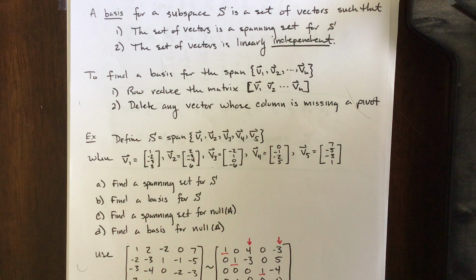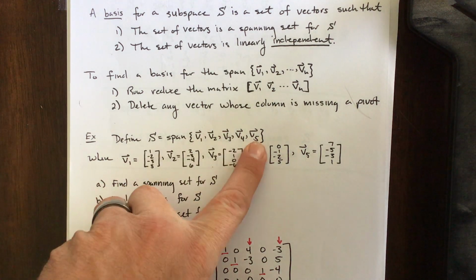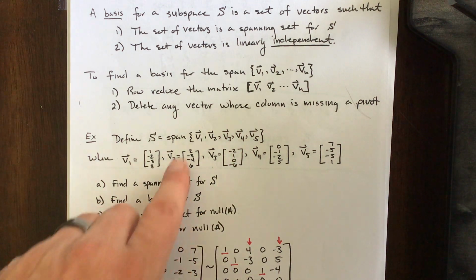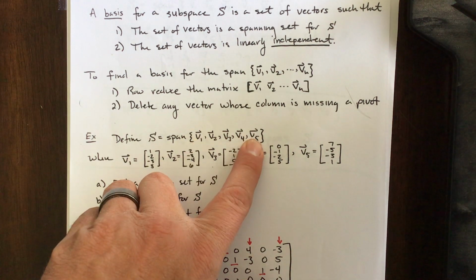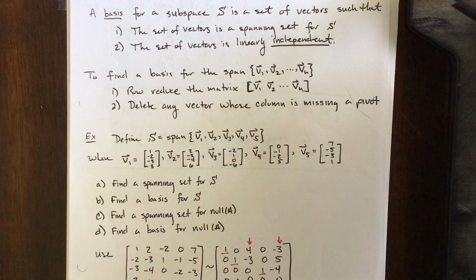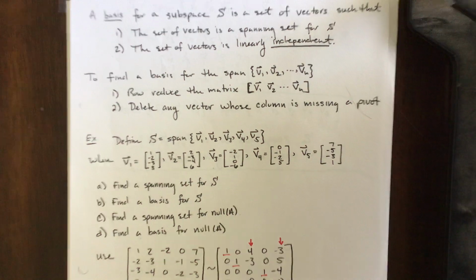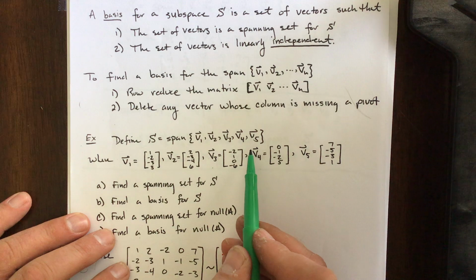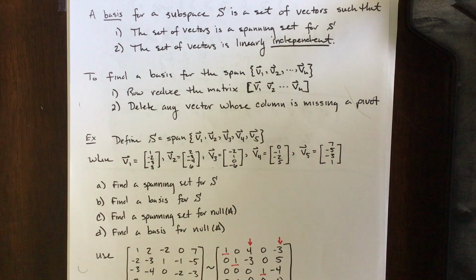Letter A, find a spanning set for S. So if S is defined to be the span of these vectors, and you want to find a spanning set, well, the set of vectors that span S are going to be a spanning set for the subspace. It seems kind of circular reasoning, but it's not. If we're defining a subspace to be the span of the set of vectors, then those vectors span that subspace.